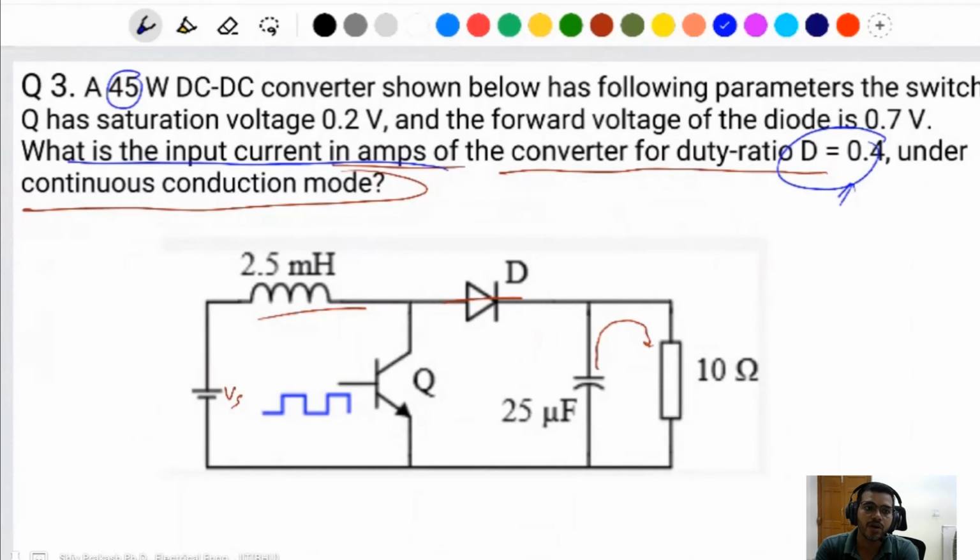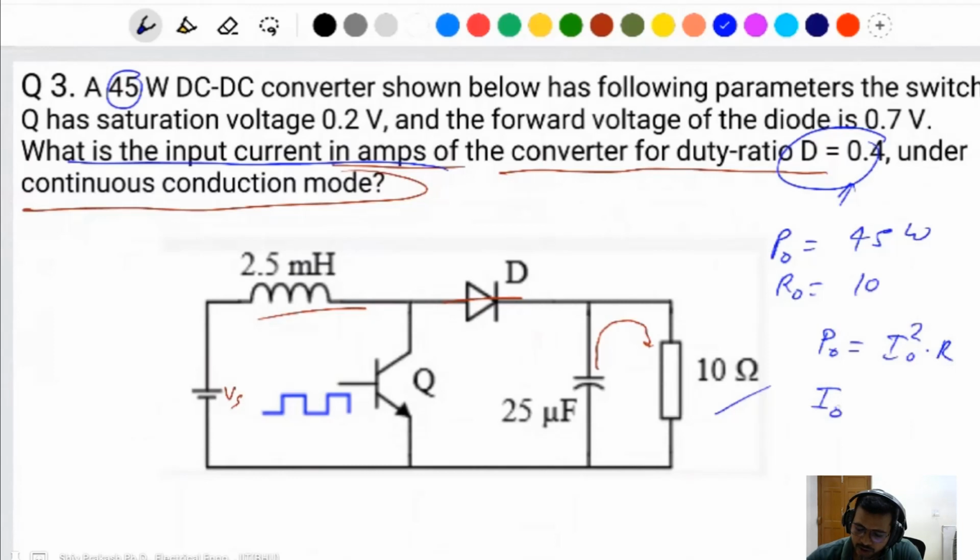It means the 45 watt is the output power of the converter, so P out is equal to 45 watt. R naught is given as 10 ohm. Then what is the I naught? P output is I naught square into R, so I naught is equal to the square root of P naught by R. You can get the output current.